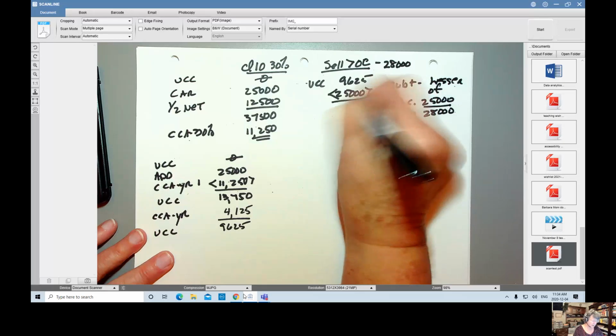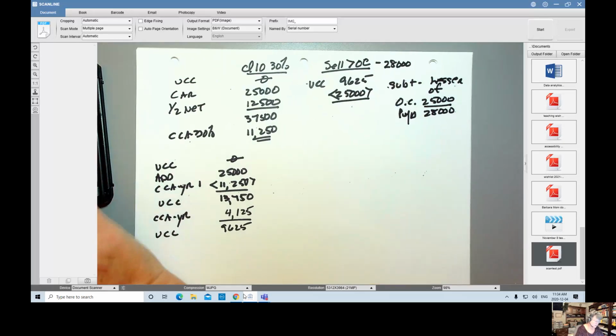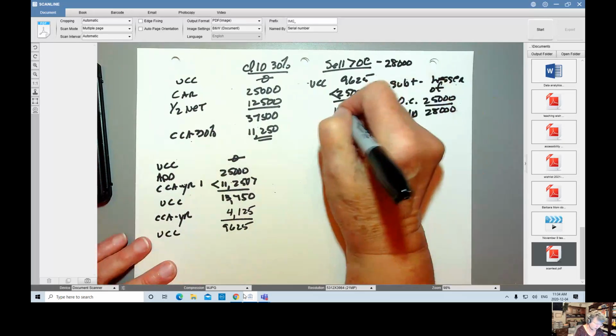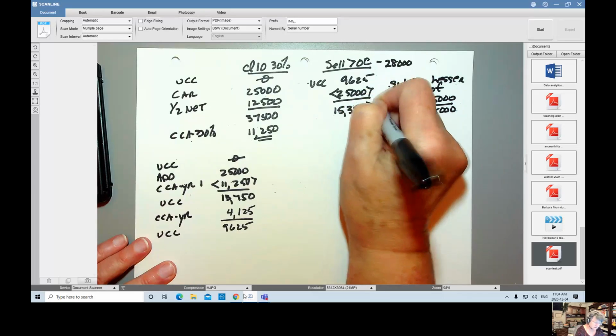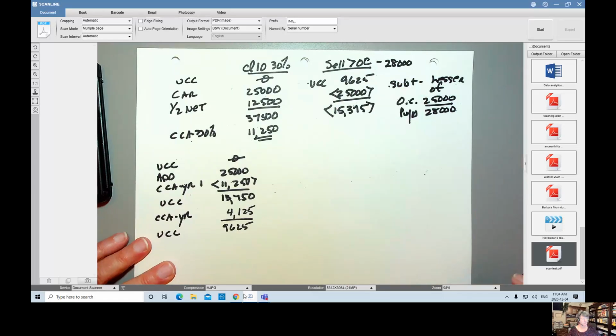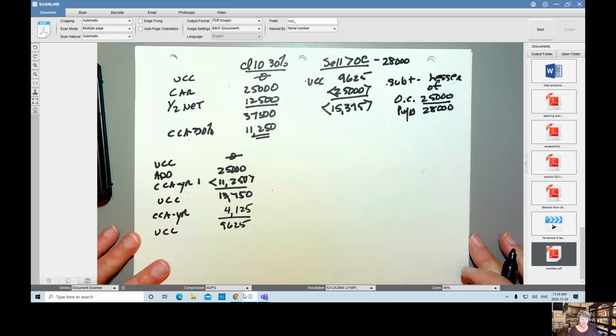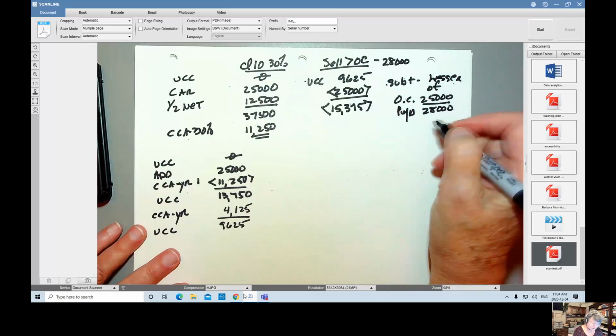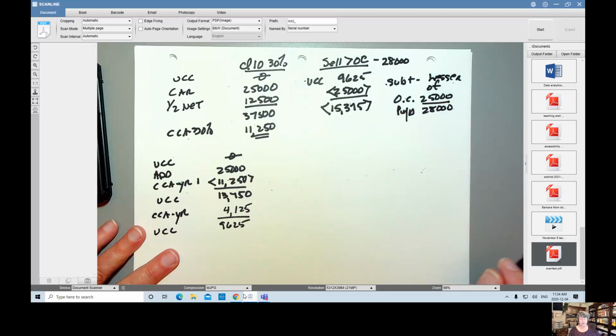So I subtract that. So I have a negative balance of 15,375 and no assets. All right, so the account goes negative. Now, as it happens, if the account goes negative, it doesn't matter if there's any assets.